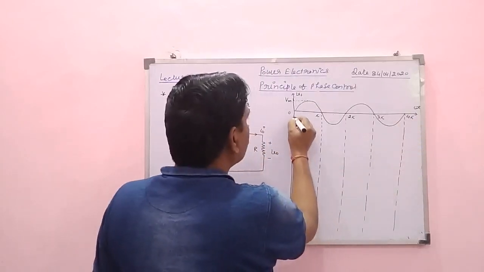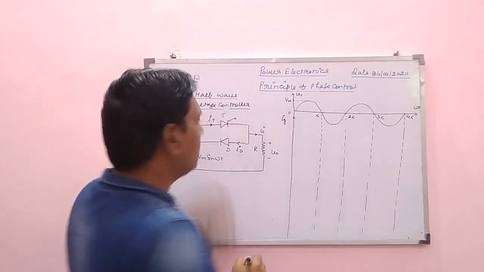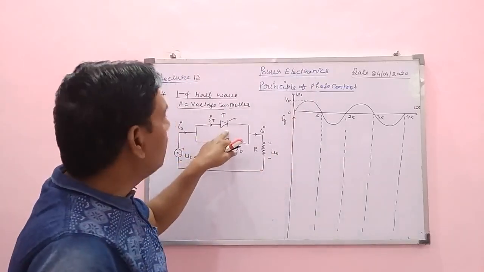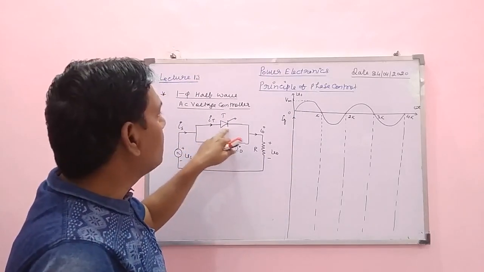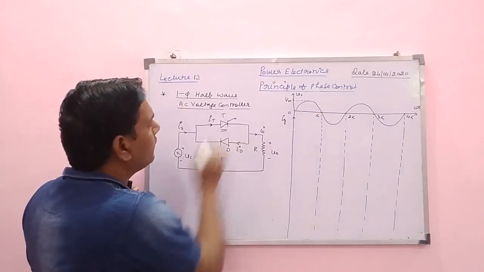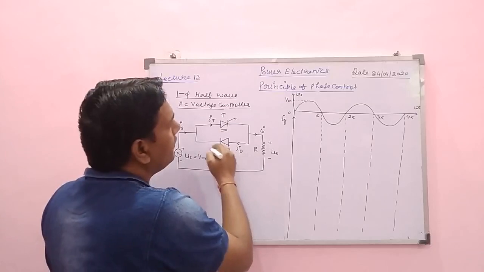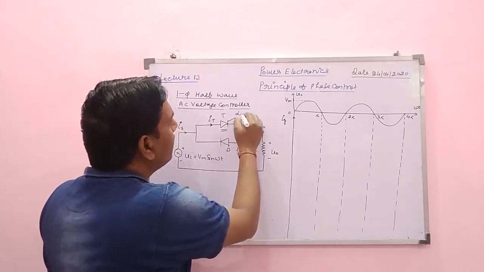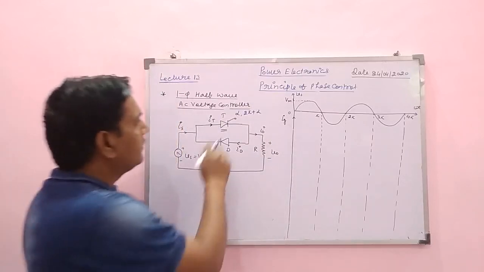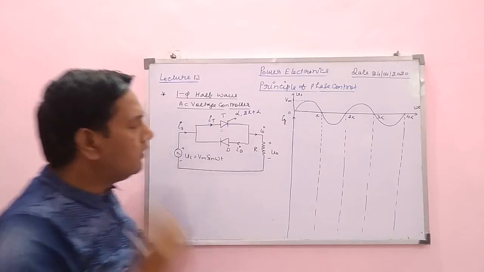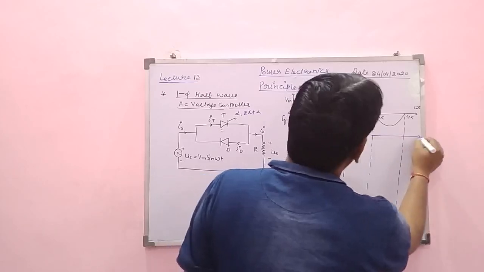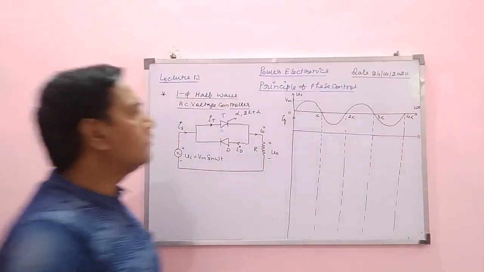First we will trigger the thyristor T during the positive half cycle. You can see that this thyristor will be triggered because it will be in forward blocking mode when the supply voltage is positive. So this thyristor will be triggered only during the positive half cycle, at an angle of alpha. Again it will be triggered at 2 pi plus alpha, and so on, because it remains in forward blocking mode only when the supply voltage is positive, and the supply voltage is positive between 0 to pi, 2 pi to 3 pi, and so on.